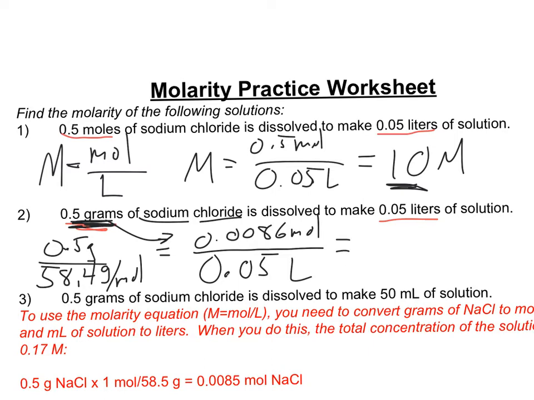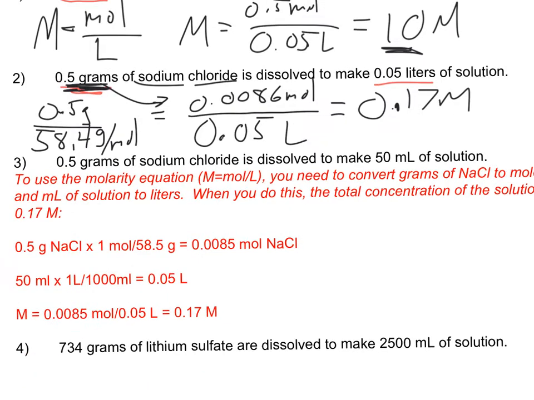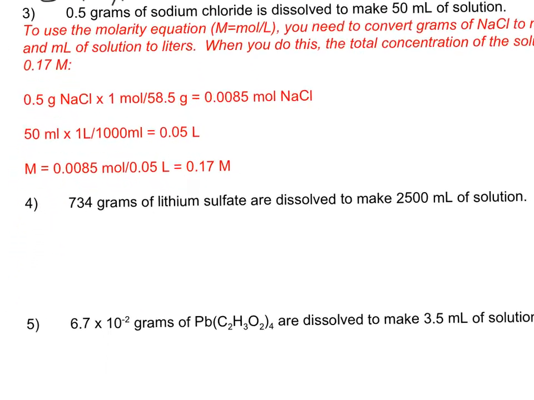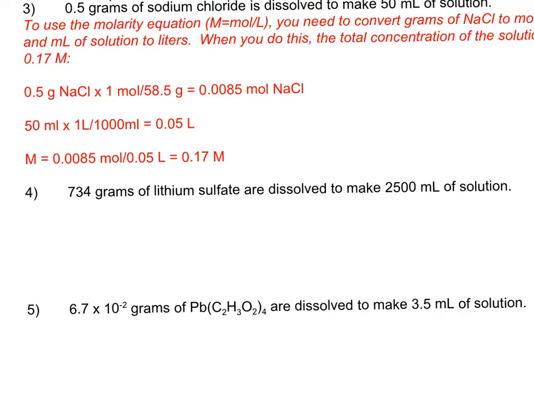We do the math out, and it is 0.17 molar. Okay, it was 0.172, but if you round it to decimal places, which I believe is the instructions, you get 0.17 molar.